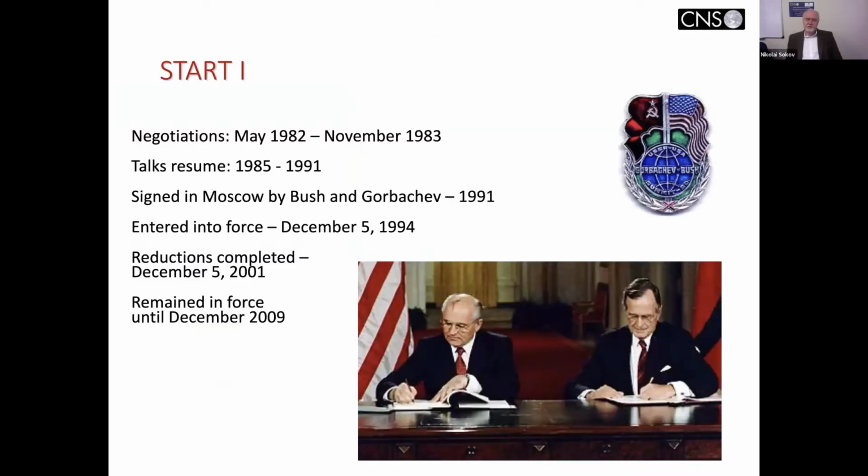The second element of the arms control landscape was START 1. That treaty reduced strategic weapons of the two sides. It was signed in the summer of '91. Unfortunately, it took quite a long time, more than 3 years, to enter into force.